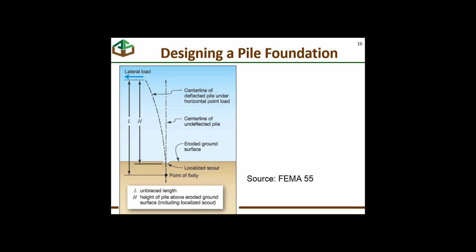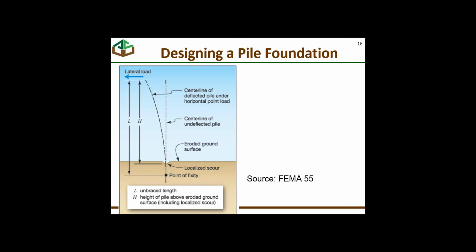So part of the design scenario clearly needs to be, where is that point of maximum moment, where is that point of fixity, because obviously that's going to drive pretty much what the unbraced length of this pile can be, and therefore how big the pile is, or how closely they're spaced, or the material that they're made out of, or the bracing that's required, or all of the above.